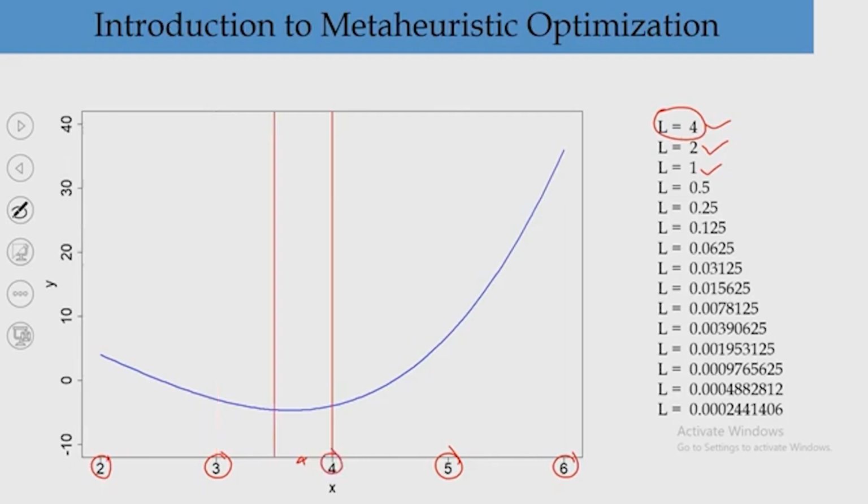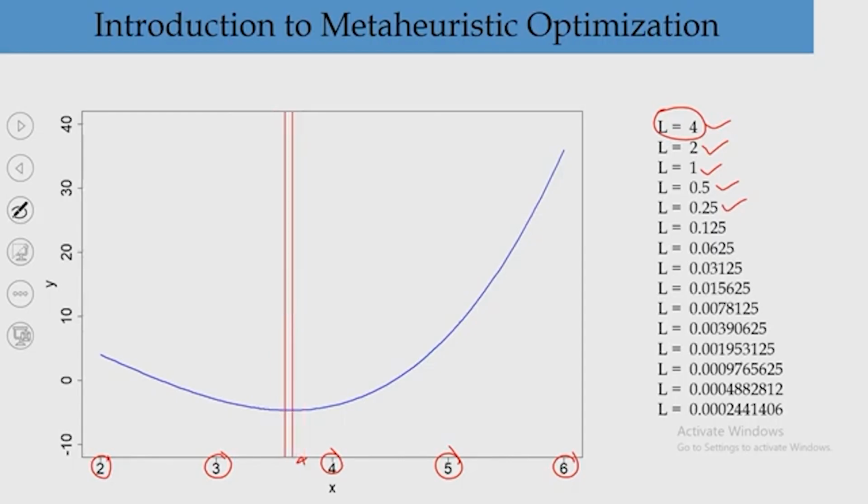Then if I continue this iteration, I am getting length equal to 0.5, then 0.25, something like that, and finally I am getting a very small length, and the value of L is 0.00024414.